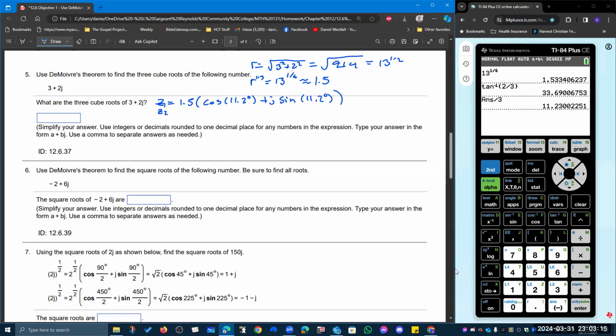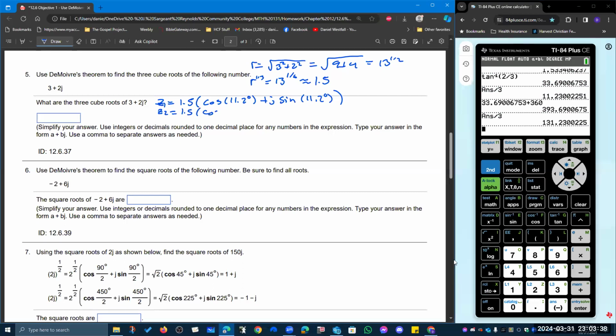My second root is going to be the same r, 1.5 times, and now I'm going to go back to this here, but I'm going to add 360 to it, and then divide that by 3.